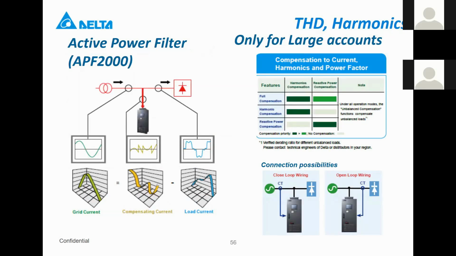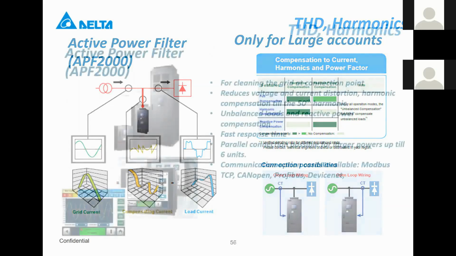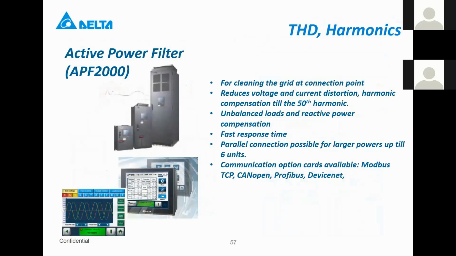The active power filter is developed for compensating the harmonics, but it also compensates some of the reactive power itself. So it is also helping that one. It is for cleaning the grid, so you don't use it for a simple frequency drive.